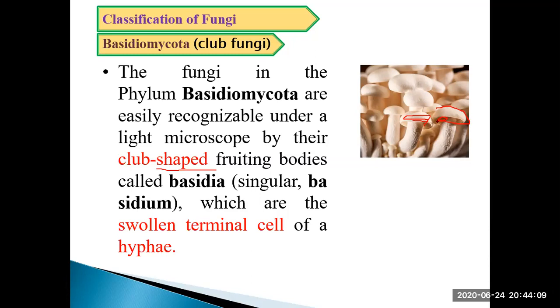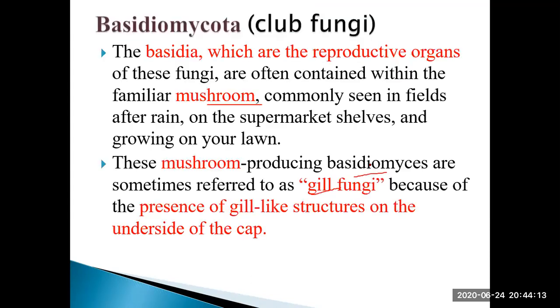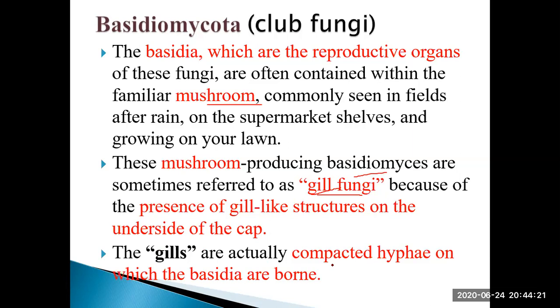That is the inner portion of that cap, and for that reason it is also called gill fungi. So what is a gill? I have already mentioned that gills are compacted hyphae from which the basidia are born, and they are present inside that cap. So that is our club fungi, and it is also called gill fungi.